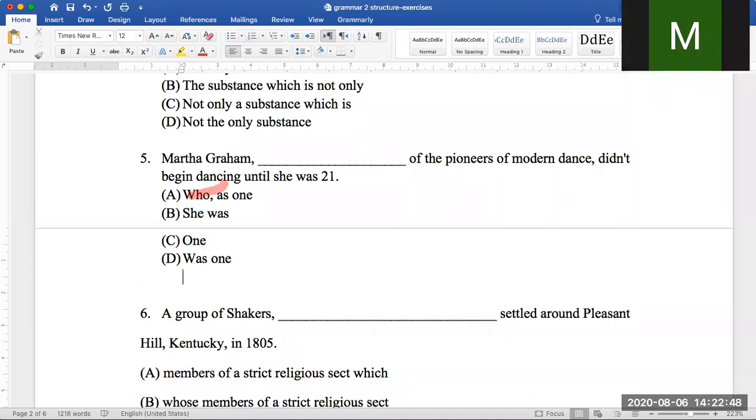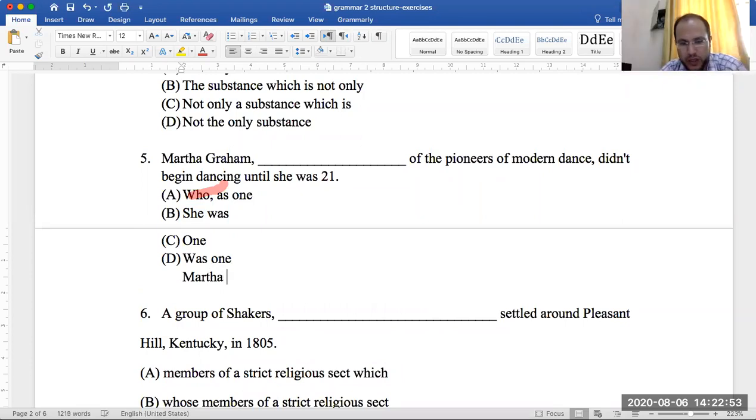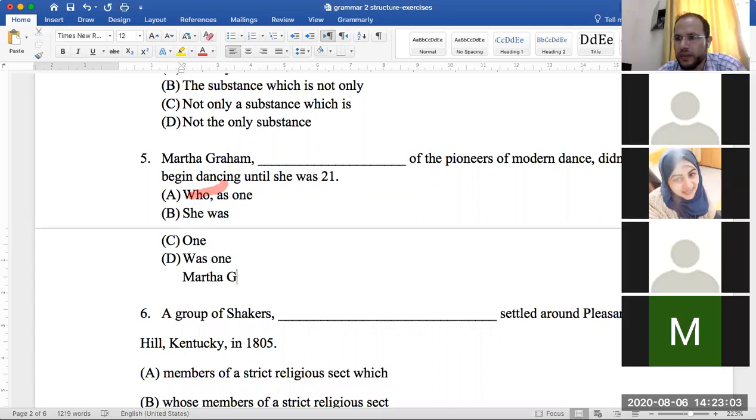Originally, look at this. Originally, this was Martha Graham. This is how you say Graham. This is silent. Can you mute people? Okay. Originally it was Martha Graham, who was one of the pioneers, etc., didn't, etc. So this is a complex sentence. This is an adjectival clause.